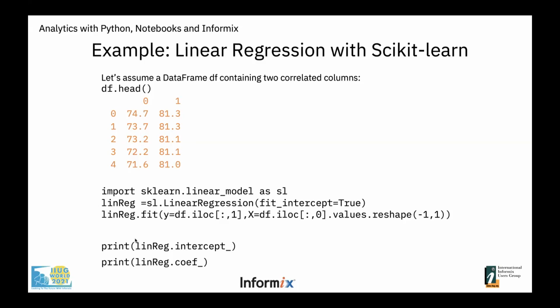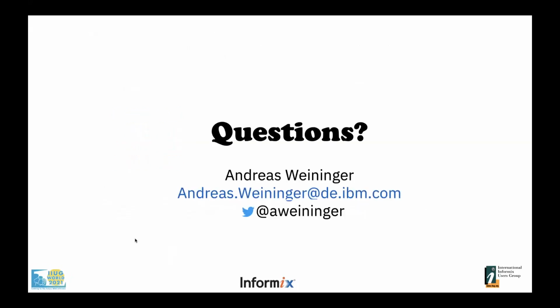If you have more complicated machine learning methods, of course, this can also be more complicated, but I just wanted to give you an impression what can be done with Informix, Python, and notebooks, especially for advanced analytics.